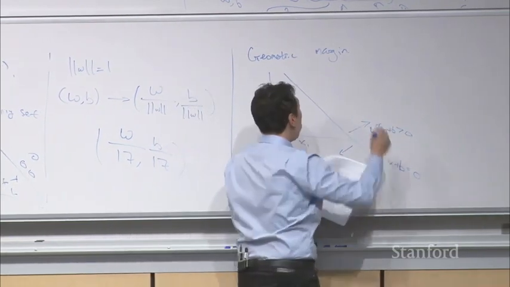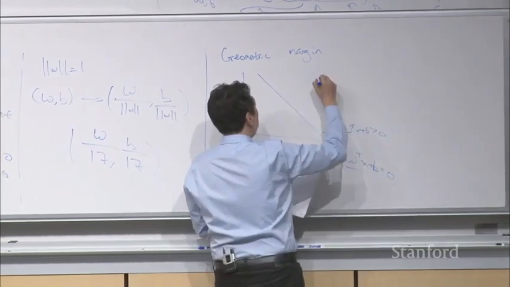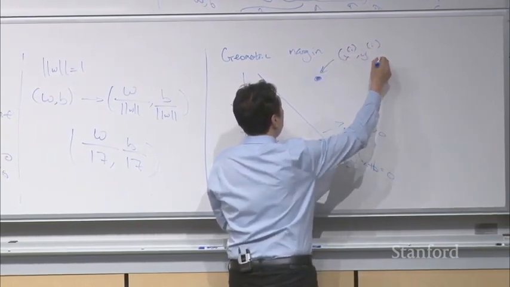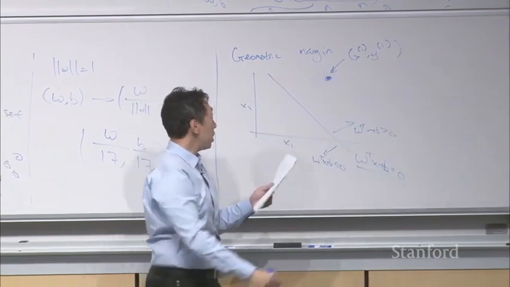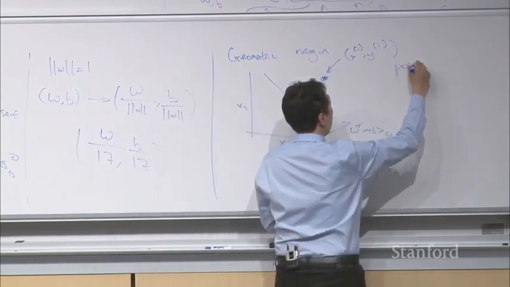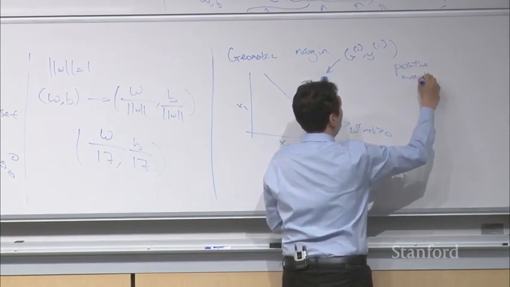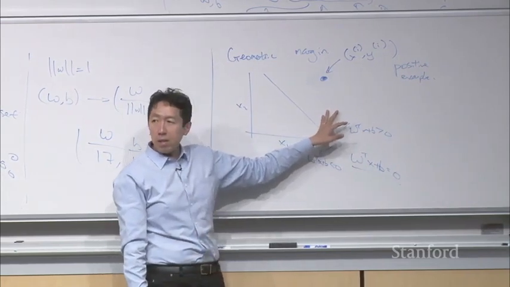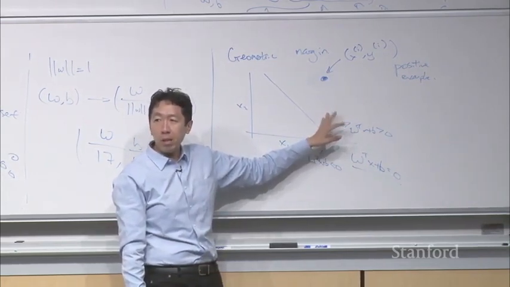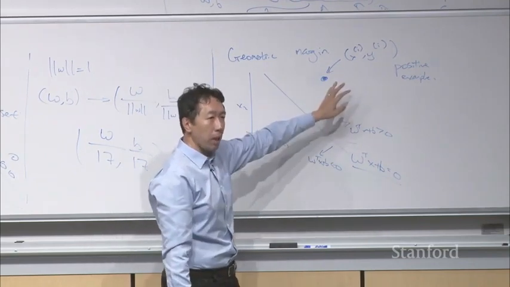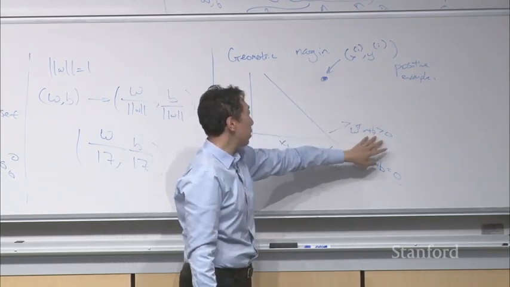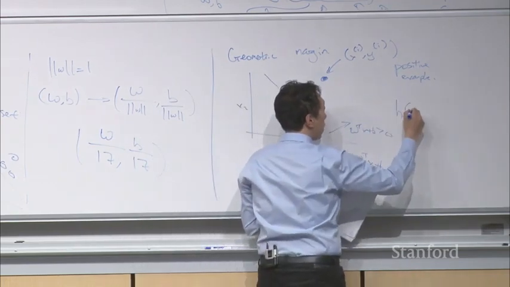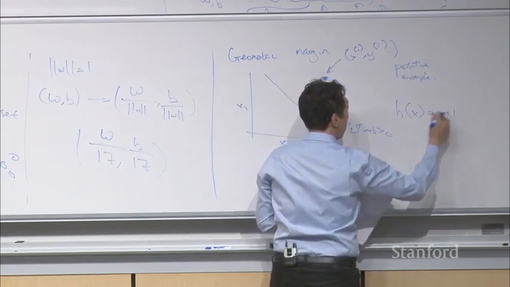Now, let's say you have one training example here. That's the training example xi, yi, and let's say it's a positive example. And so your classifier is classifying this example correctly, because in this upper right half plane, W transpose x plus B is greater than 0, and so in this region your classifier is predicting plus 1.